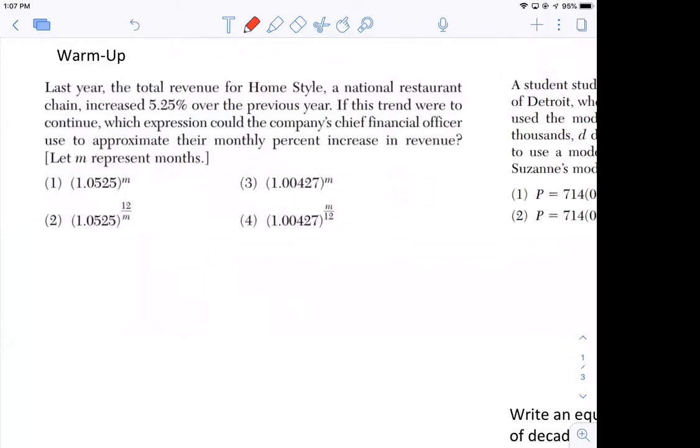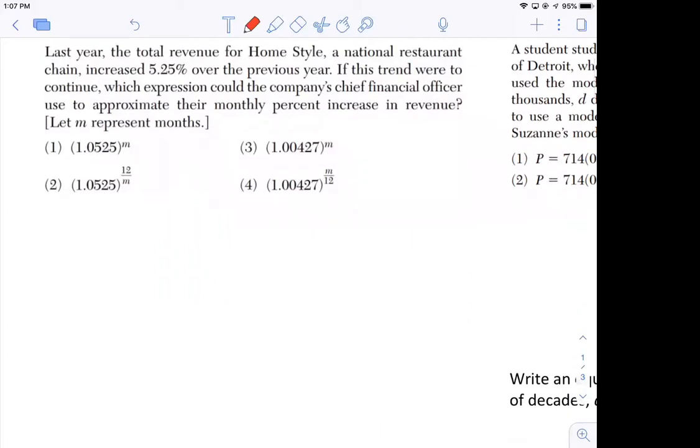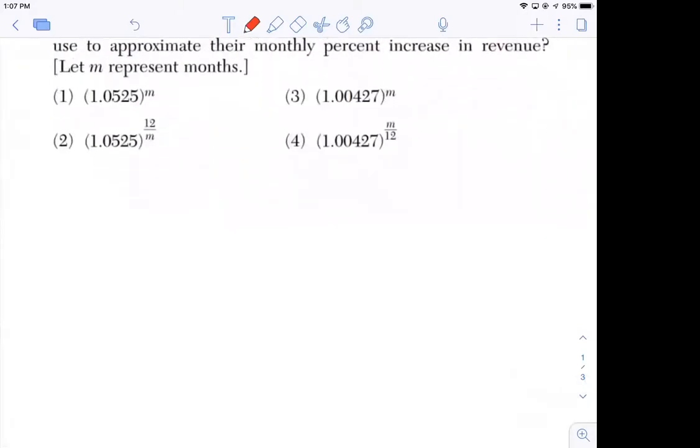So this first one: last year, the total revenue for Homestyle, a national restaurant chain, increased 5.25% over the previous year. If this trend is going to continue, what can we use to approximate their monthly percent increase in revenue? So we know it's a 5.25% increase, right?